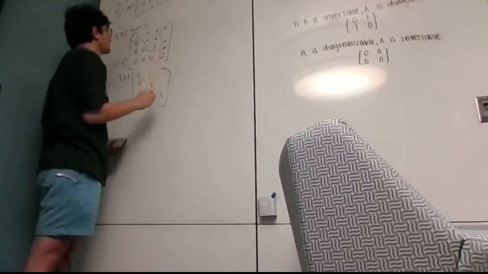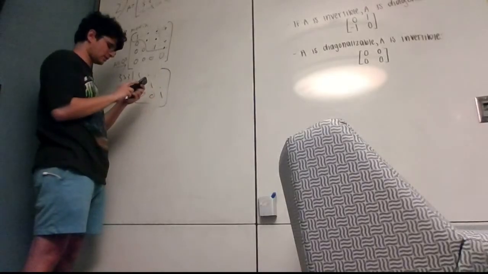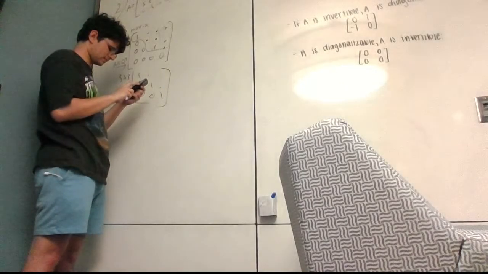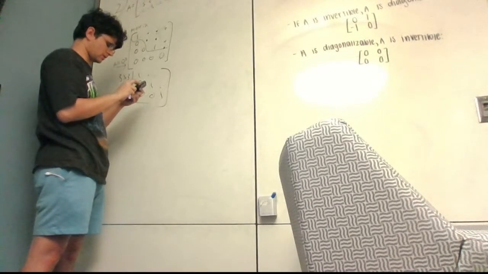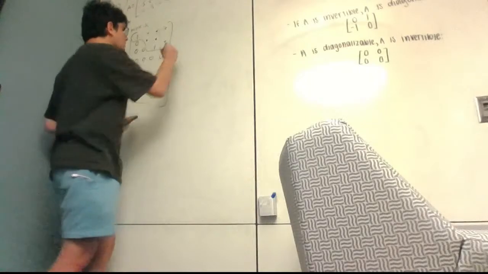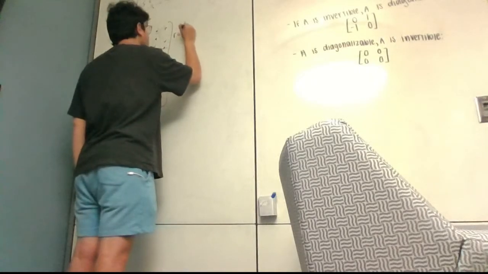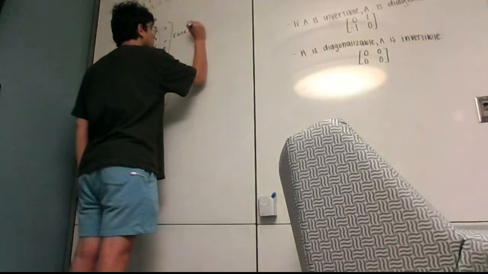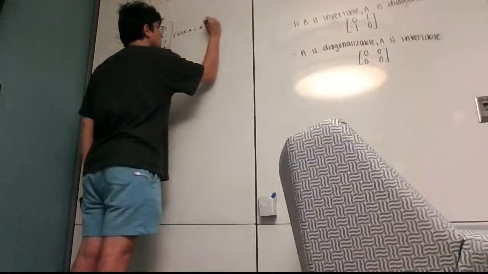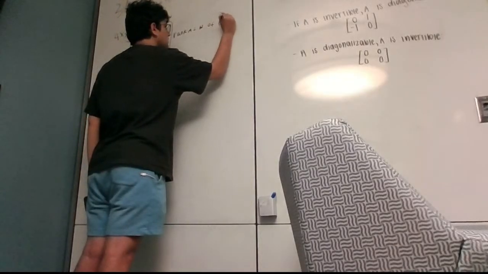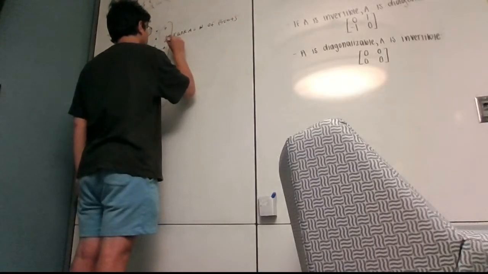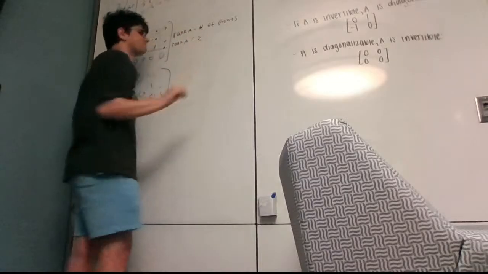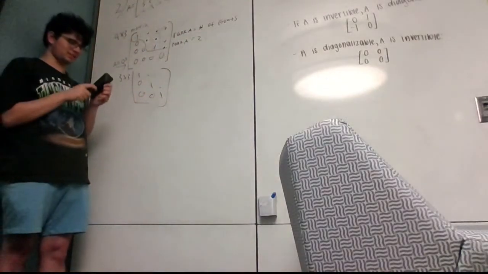What would the rank of this be? Rank of A is just equal to the number of pivots. You think of it as a staircase, right? So then rank of A should equal 2, right? I actually don't know. I need to clarify.